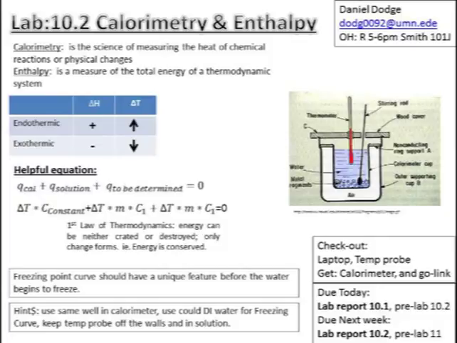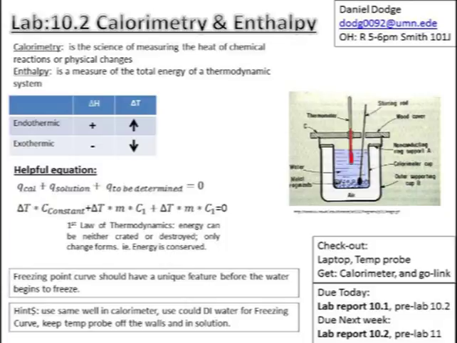Hints that you should know about: use the same well in the calorimeter, like I said, and use cold DI water when you're trying to get the freezing point curve. There's one characteristic feature of the curve that you should see. It should go down, flatten off, then go down again, but there's something when it's going down before it flattens off that you should see, and if you don't get that, come see me.